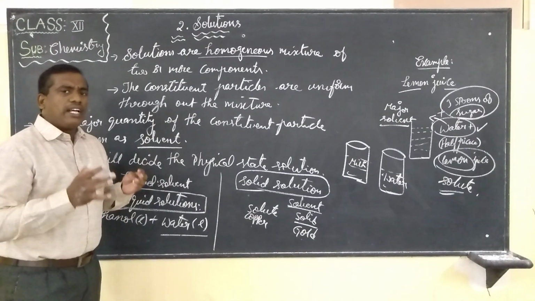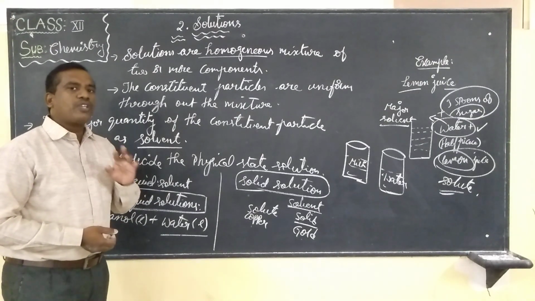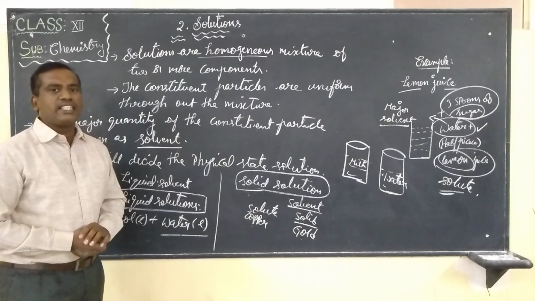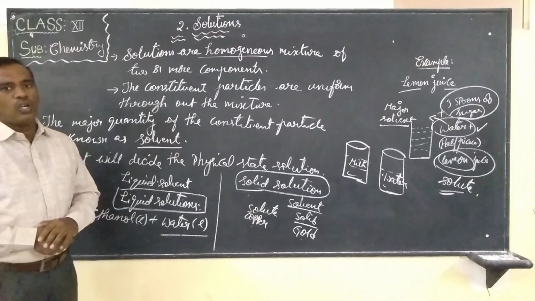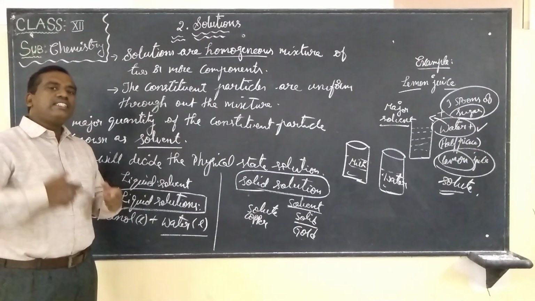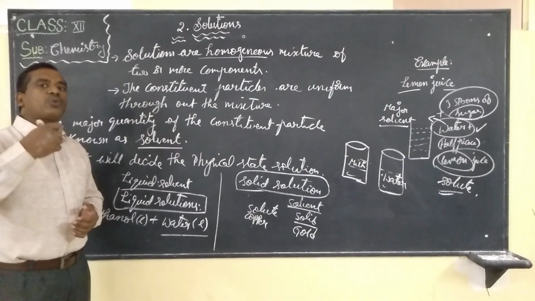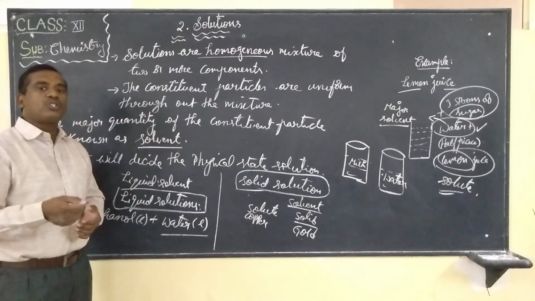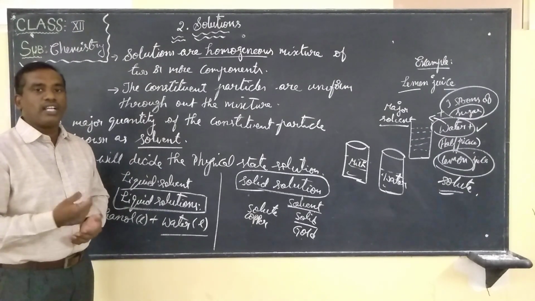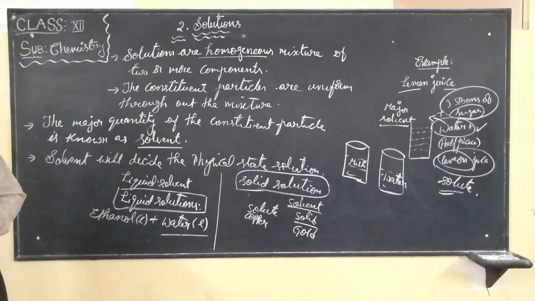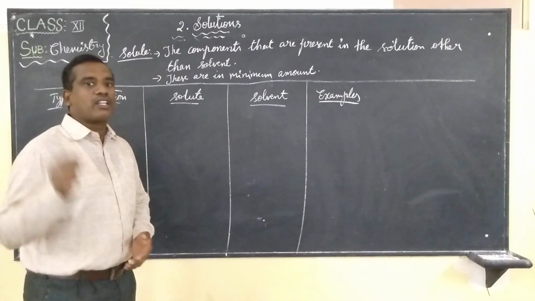Let us see the solution that we have discussed up to now. How many constituent particles are majorly present? Two parts. One of them is the solvent, that is the major part of the solution. Other than this solvent, the remaining constituent particles are known as the solute. So we are going to give the definition for the solute here.